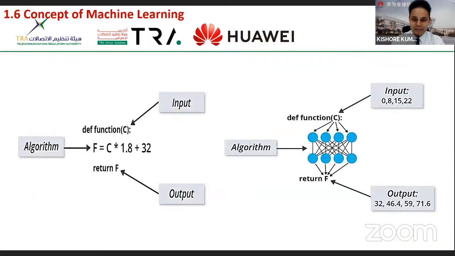Right, so again, time is almost up. In traditional programming, we have an algorithm written, and we input something. Based on that algorithm, we get output. But in the machine learning approach to programming, we don't know the algorithm. We don't know the rule here. We give input and output, and then we try to learn what the algorithm is, all right?